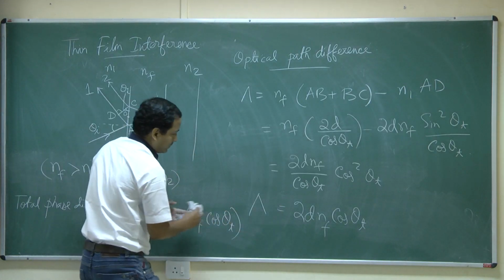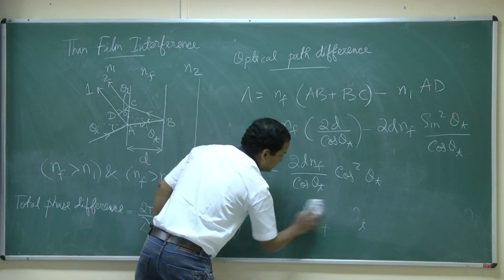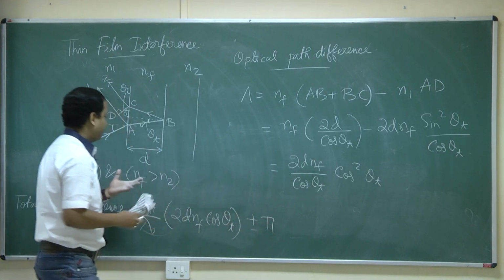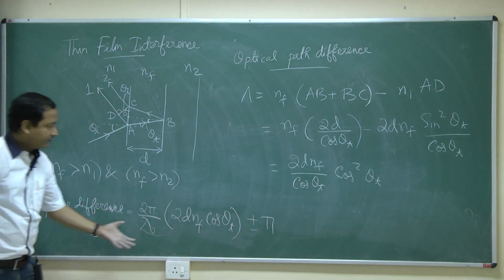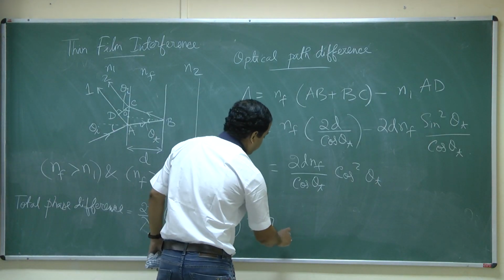This is a part caused by the path difference between the two rays, and then there will be a part because of this external reflection. So this is a net thing which you have to consider.